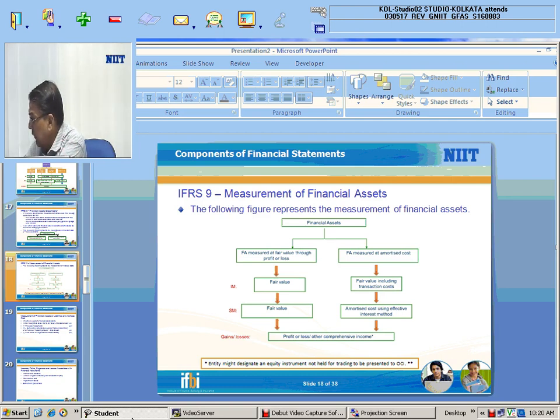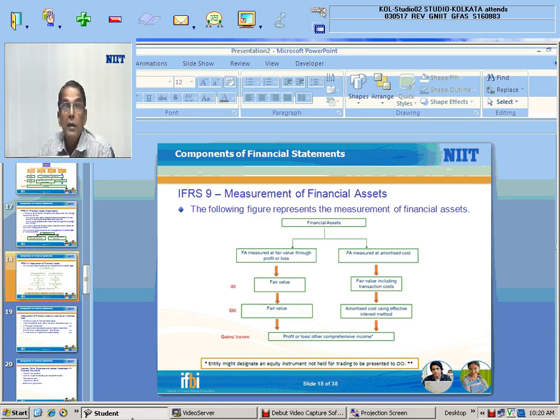Then we have a third category, financial assets measured at fair value through other comprehensive income. These are applicable for ordinary shares or equity shares held in another entity for long term or indefinite period.